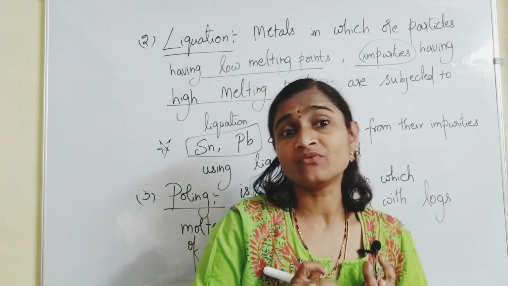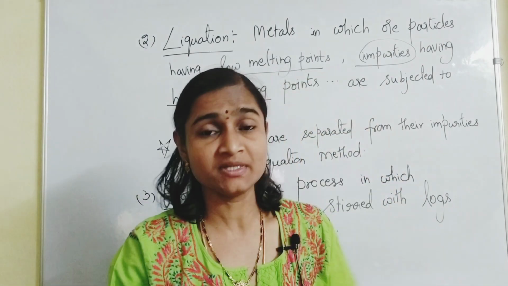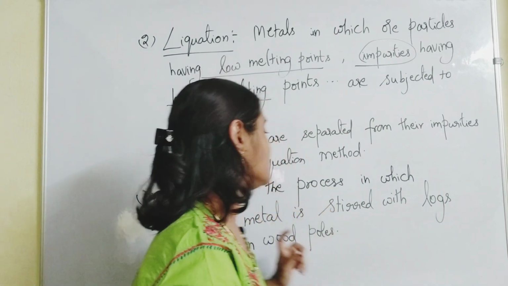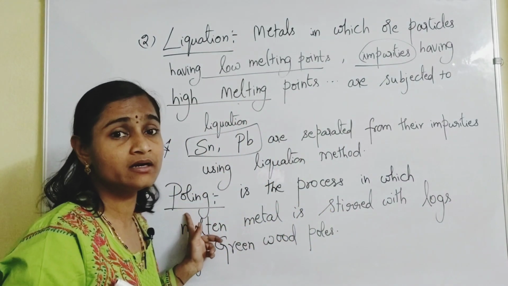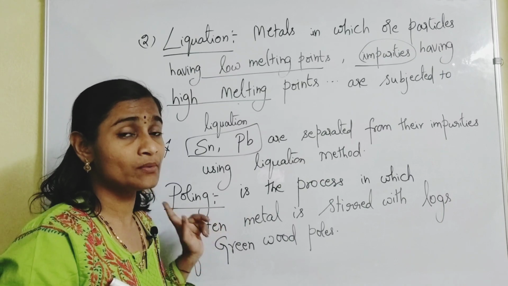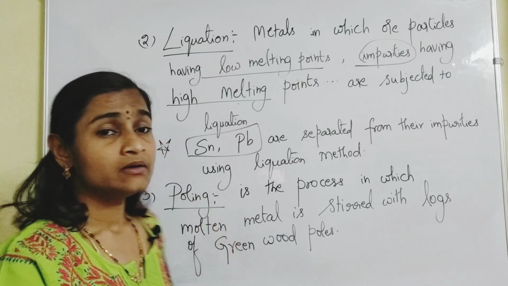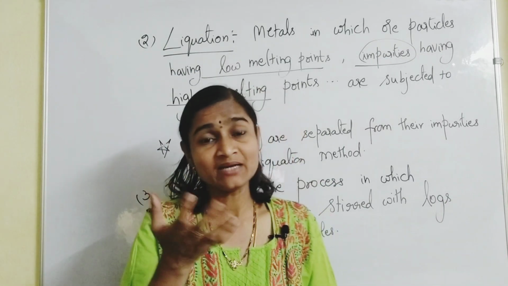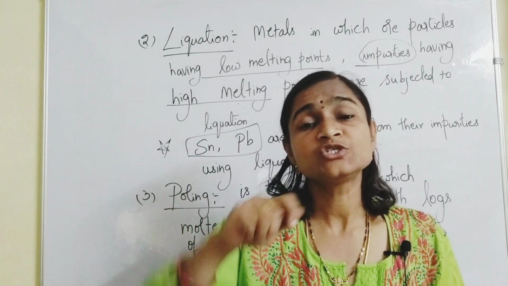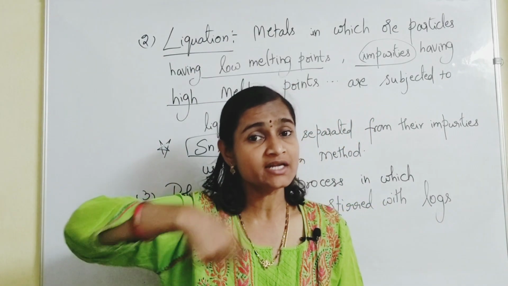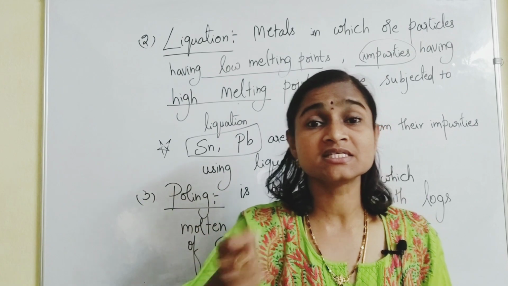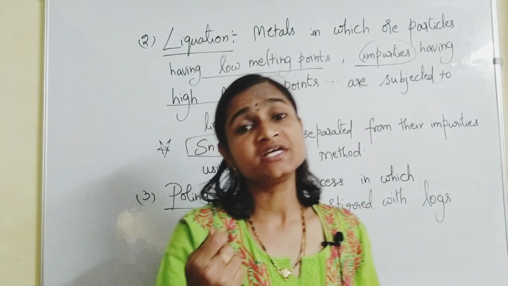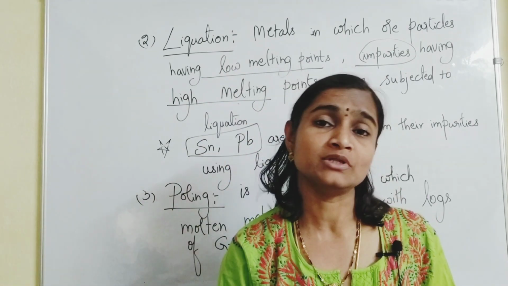Green bark of a tree consists of certain hydrocarbons. So when you are subjecting metals to a process called poling, the molten metal, which is in liquid state, is to be stirred. Stirred means continuously mixed, with logs of green wood poles.